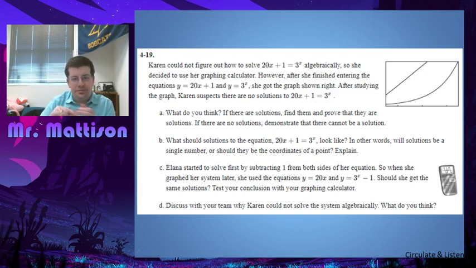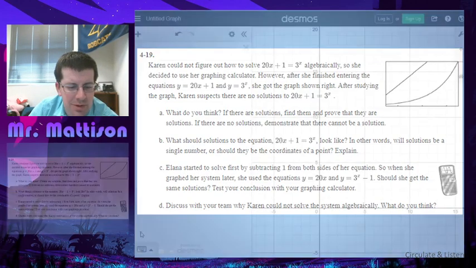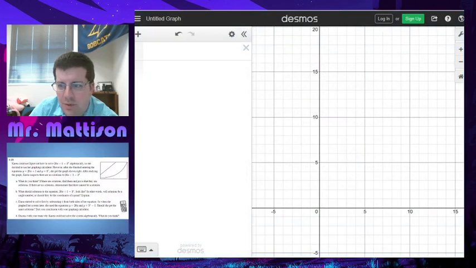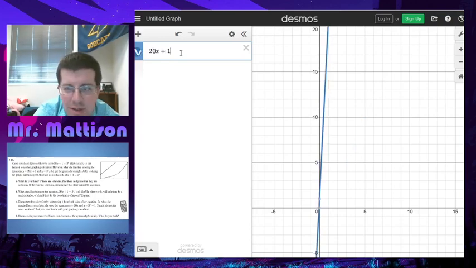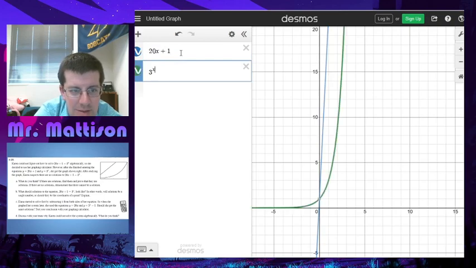So I can solve this by graphing it, or I can solve it algebraically, but there's a problem with doing it algebraically, which we'll get to here in just a second. But first, let's pull up Desmos and solve this with Desmos. So we're going to do 20x plus 1, and then we're going to do 3 raised to the x power. Right? So it looks like this.